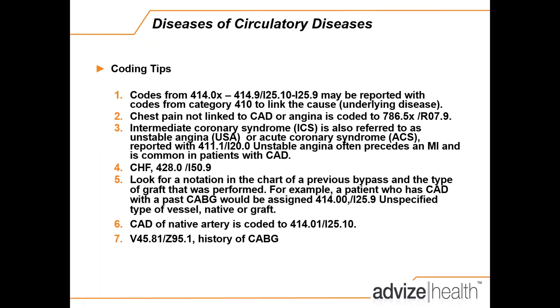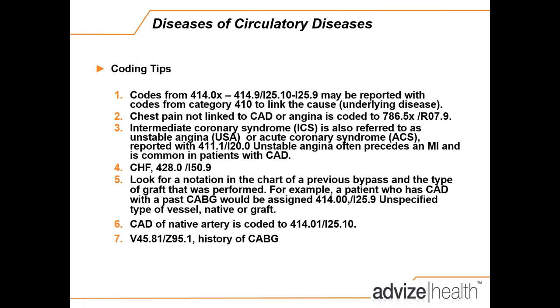Diseases of circulatory coding tips. Again, codes from I25.10 to I25.9. So in other words, your 410 category codes may be reported to link the cause underlying disease. Chest pain not linked to CAD or angina is coded R07.9.